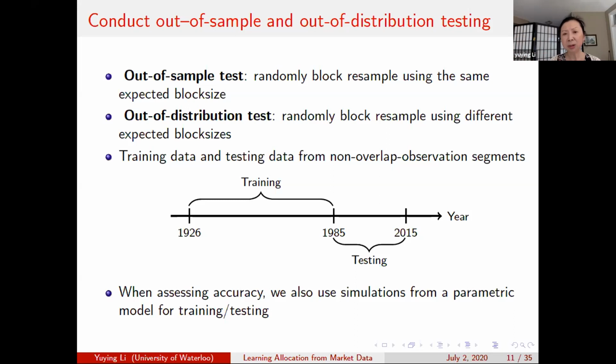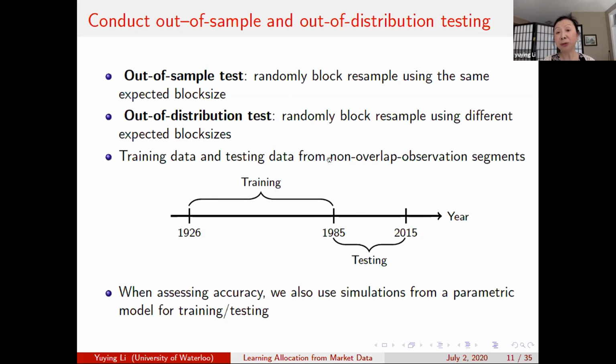One might still be concerned because you're doing your training and testing based on a single pass of return observations from 1926 to 2015. Your training and testing still come from block sampling this whole thing. Is there some look ahead, and are you really testing it?